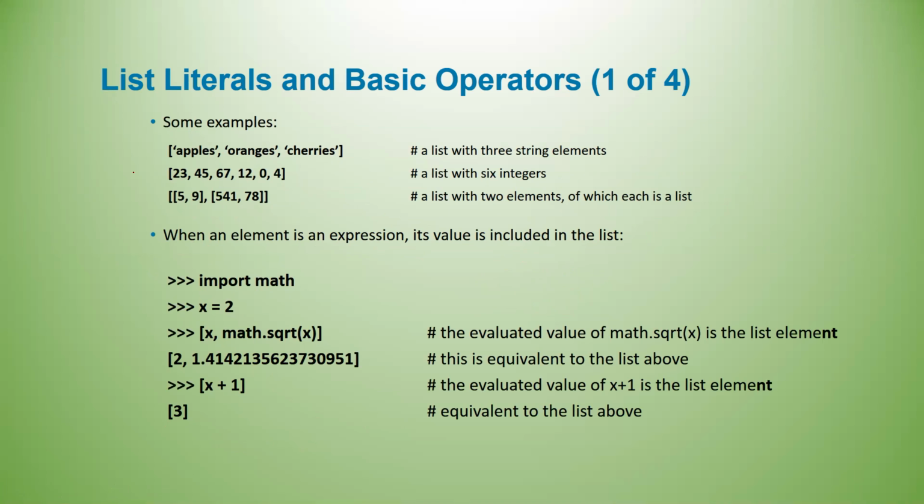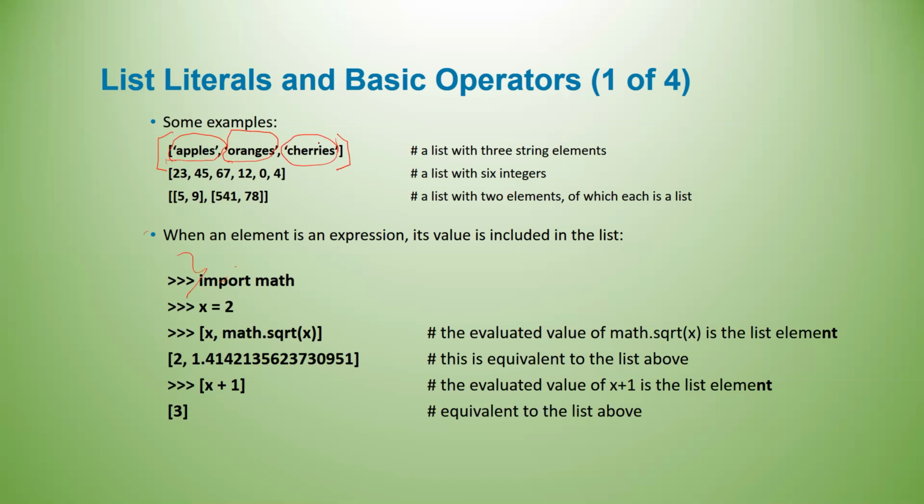If you look at this one, a list is signified by square brackets. So once you see square brackets, you know it's a list. This is a list of strings. So you have 3 items. Because it's a list of strings, you see the single quotes or double quotes, right?